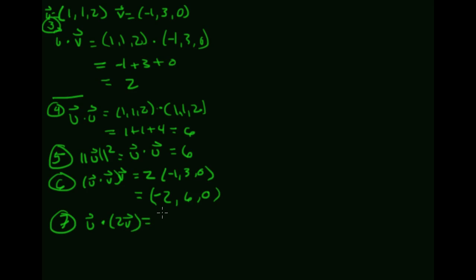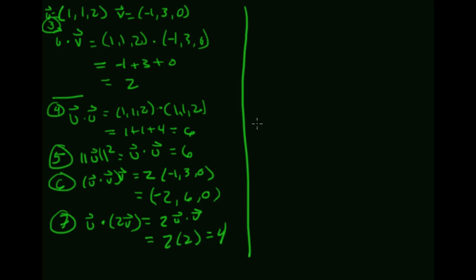Well, I can play this off of the one above, because this is the same as 2 times u dot v. Or no, sorry, that's not correct. 2 times u dot v is just going to be 2 times 2, which is 4.